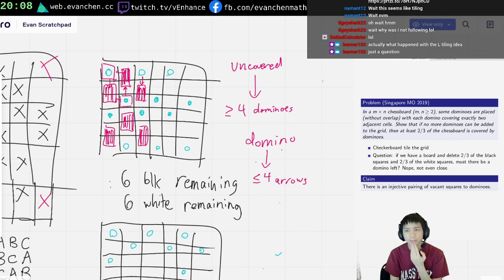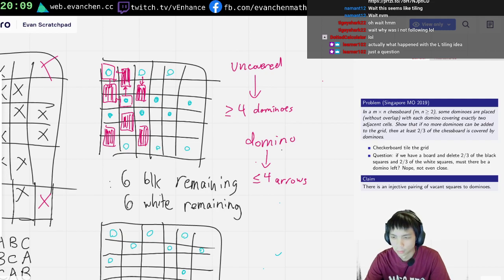And now I think this is my main approach. For every uncovered square, there's dominoes next to it. For every domino, there's... This is the most overkill.